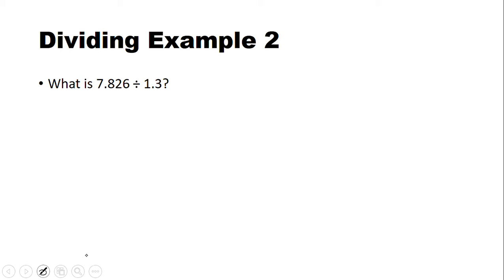This time we have 7.826 divided by 1.3. So to set that up with long division, 1.3 and 7.826. Now this time I do have a decimal in my divisor here. So I'm going to rewrite this question, and I want to get rid of this decimal.